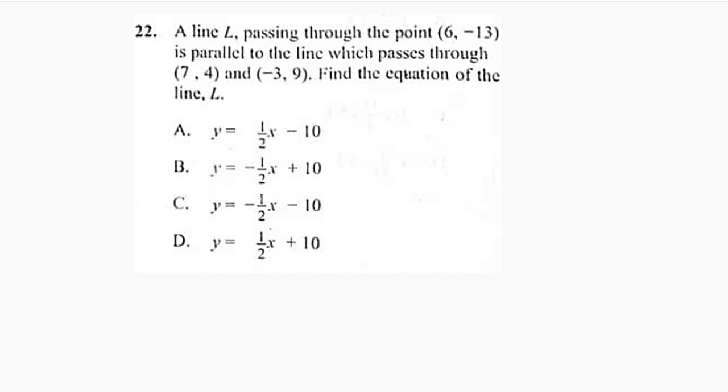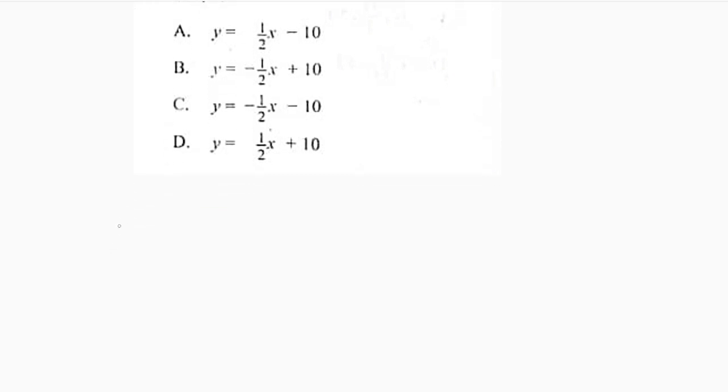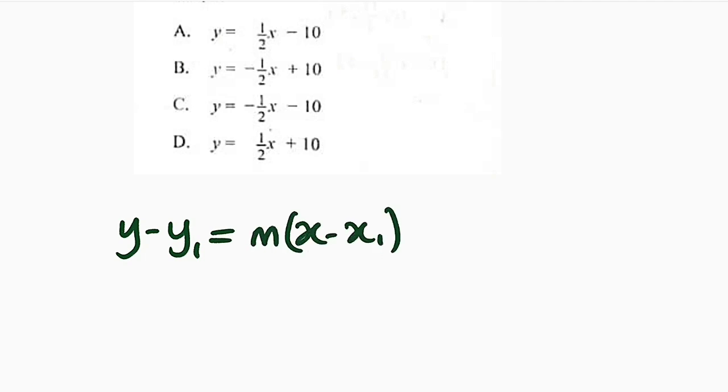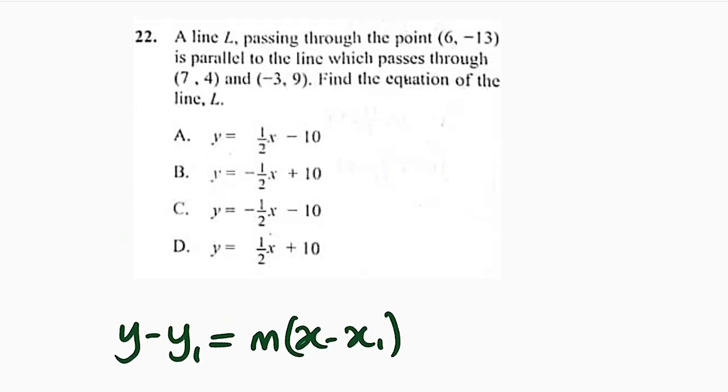So now let us write the equation of this line in point slope form, which is y minus y1 equal to m(x minus x1). And since this line passes through this point, 6 stands for x coordinate and -13 stands for y coordinate.